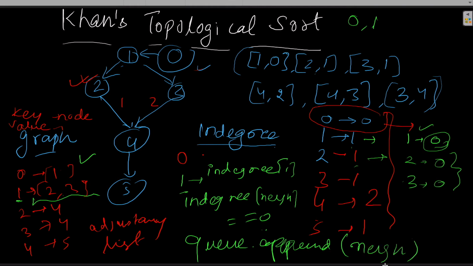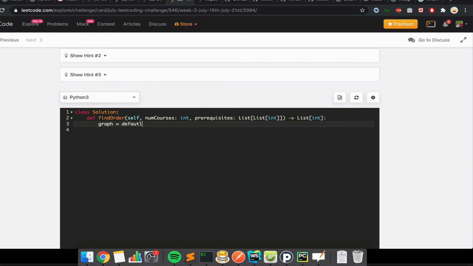Right, so a dictionary of lists. This is my adjacency list. I also need an in-degree, which will be kind of a dependency, so I'm taking a list here with all zeros.